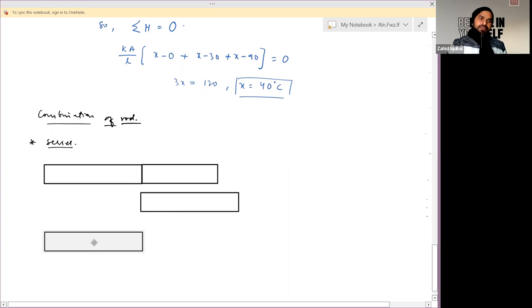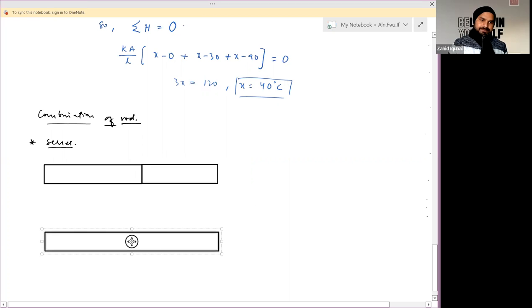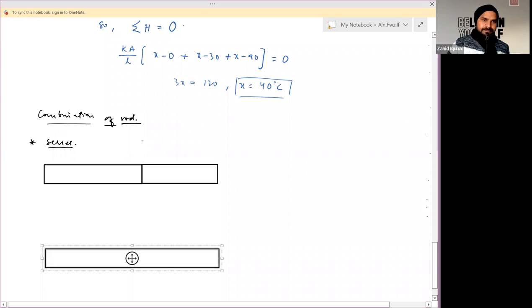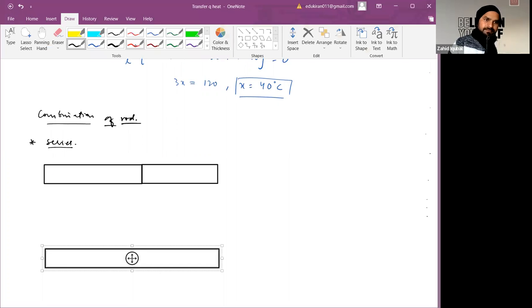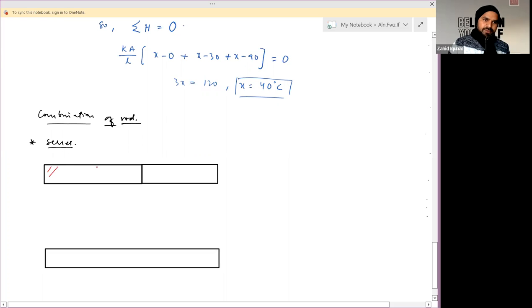An equivalent rod of this whole, let's say this. This is first one, having thermal conductivity K1 and length L1 from this point to this point.